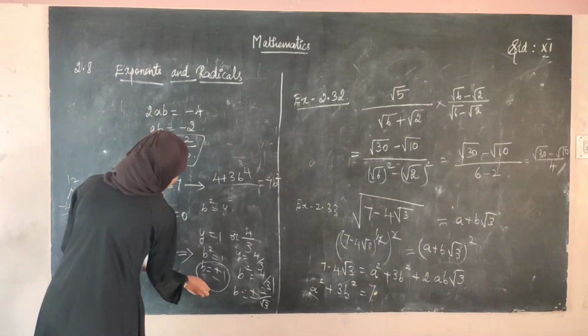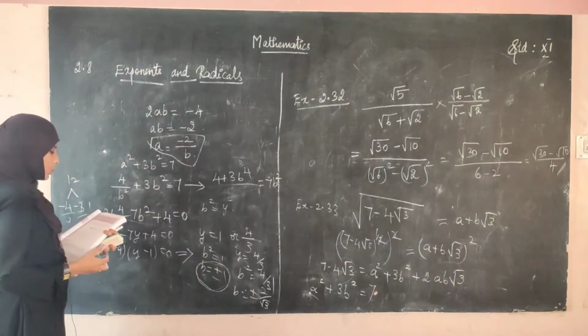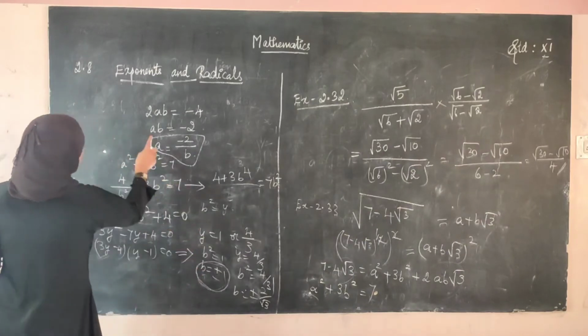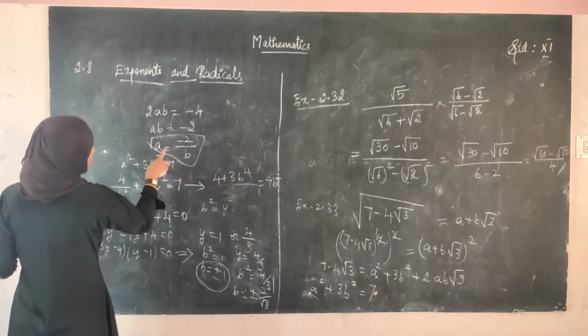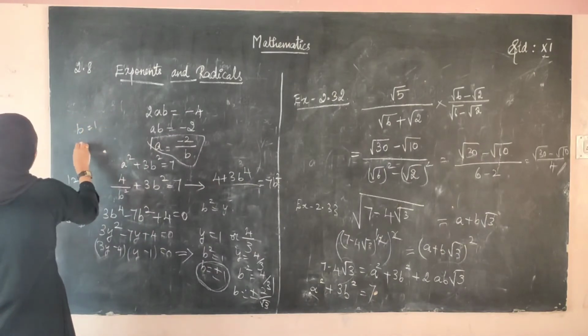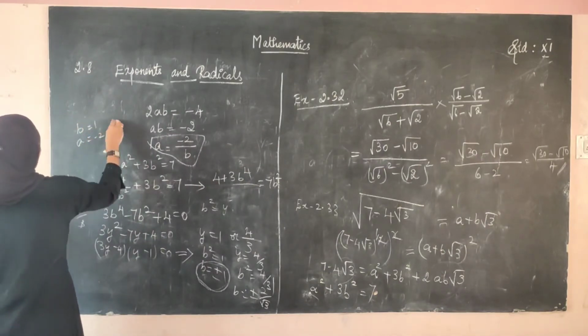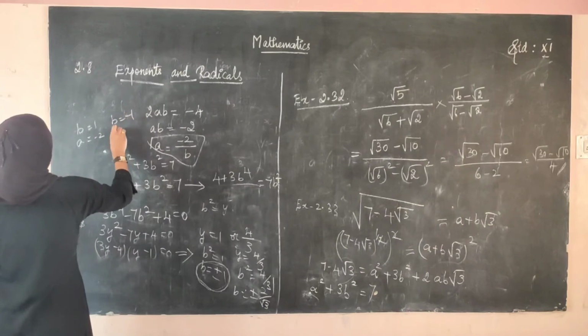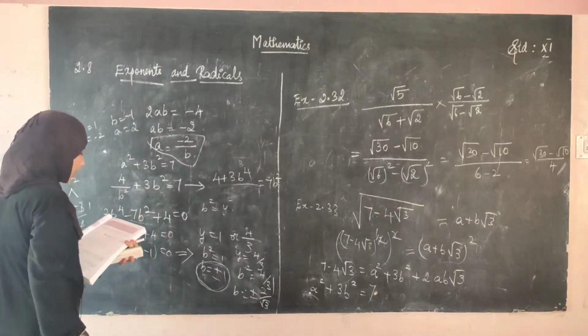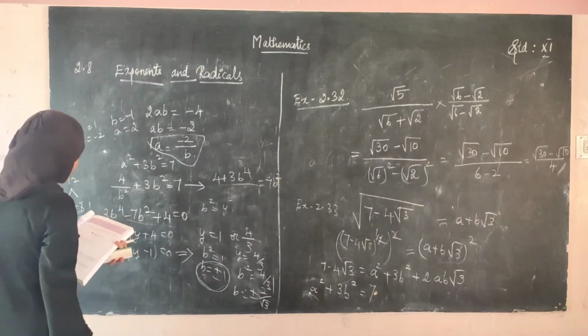So we are taking b is equal to plus or minus 1 alone. So when b is equal to plus or minus 1, what will be the value of a? If b is equal to 1, a's value will be minus 2. If b is equal to minus 1, a's value will be equal to 2. Okay, this is what we have to find, right?